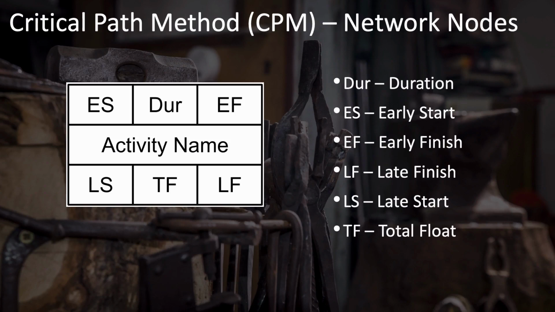Now, along the bottom, you have in the lower left-hand corner, LS for late start, which is the latest that this activity could start. Over in the lower right-hand corner, we have LF, which is the late finish, which is the latest that this activity can finish. And then on the bottom in the middle, we have TF, which is the total float. And we'll get to that definition later.